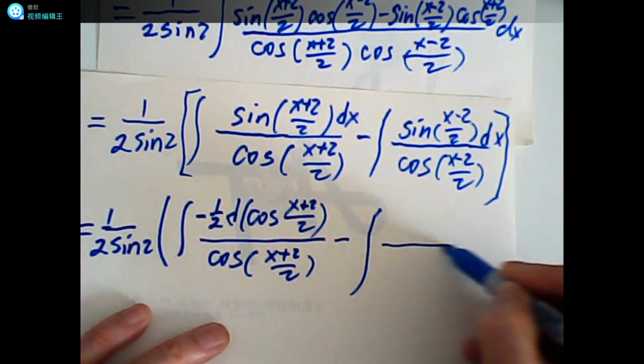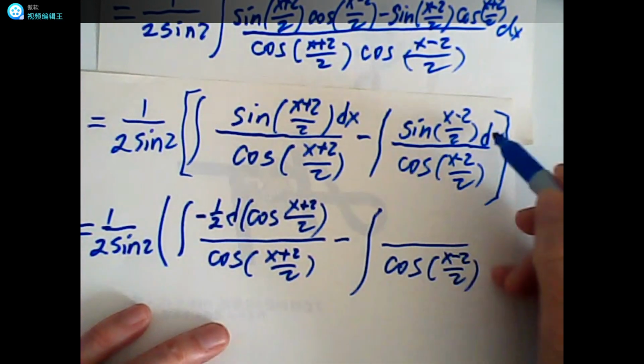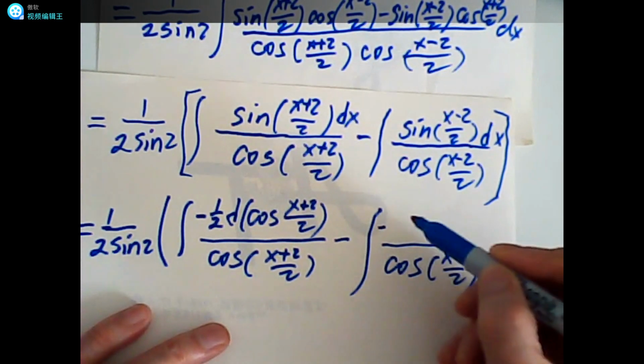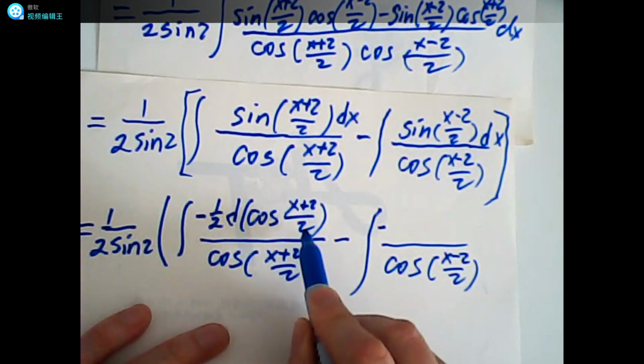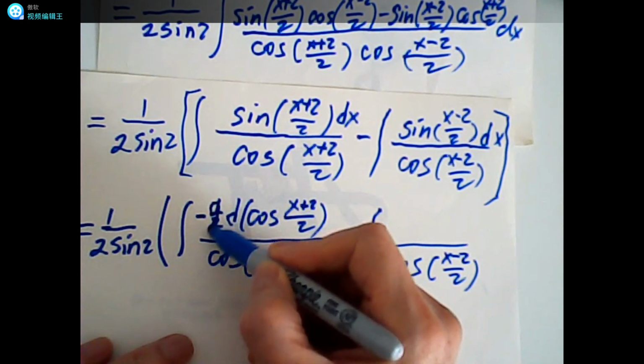Minus, this is cosine (x minus 2)/2. That one is the derivative of the denominator with negative. This should be 2, I'm sorry.